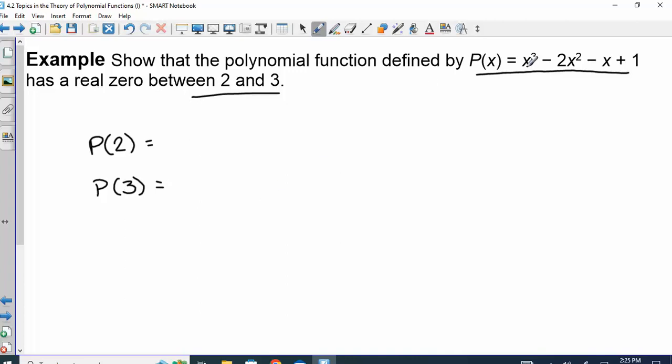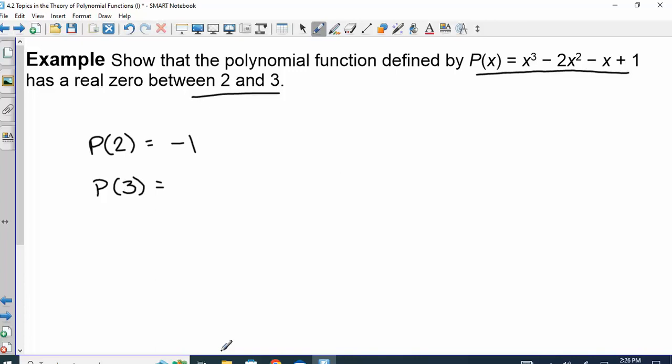So if I put a 2 in, grab a calculator, okay, if you put in 2, you get out -1.